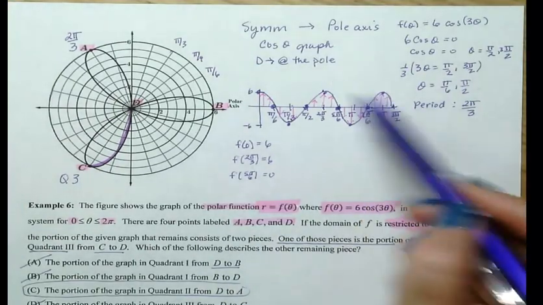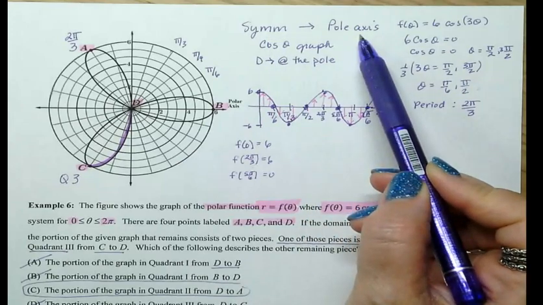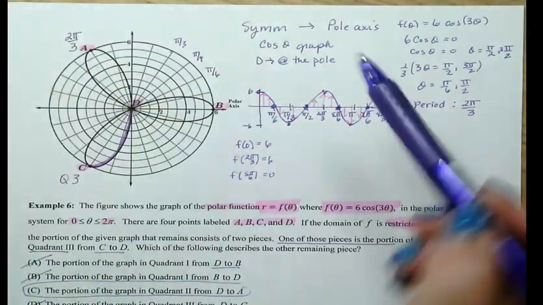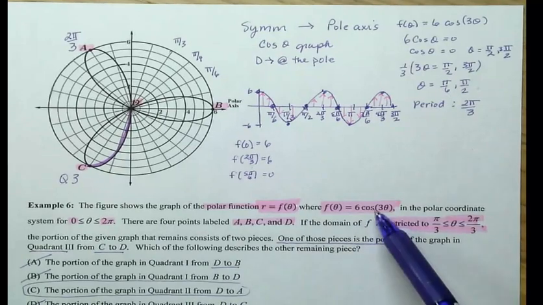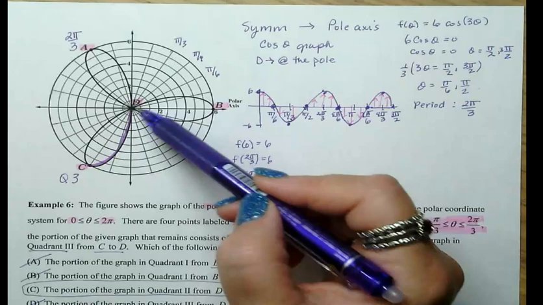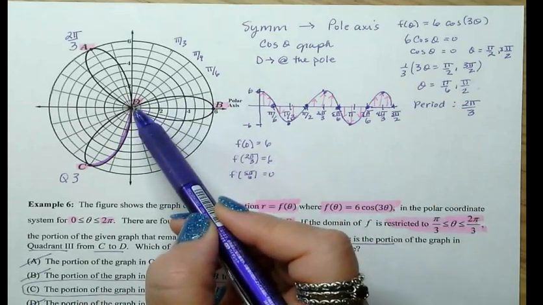Okay, so we have the information we know about the graph. It's symmetric with respect to the horizontal axis. That's this way. You can see that it matches up when you fold it. So we know it's going to be a cosine graph, which makes sense right here. We know that D is at the pole, and each petal loop comes back to the pole.